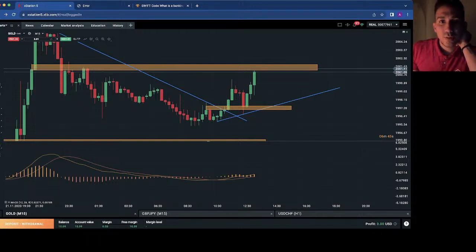So let's see if it passed through the area with a big, fat candle like this one, not a weak one. Then it means that we'll have a lot of momentum going to the upside. Then if not, they just go into the downside again, and then we do place a sell trade on this one.